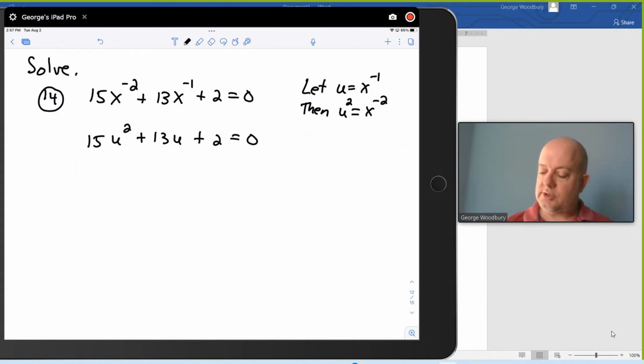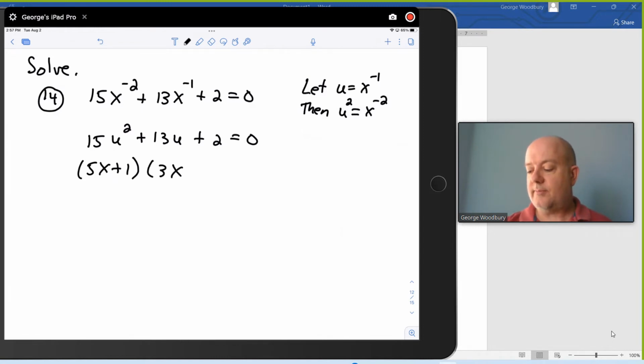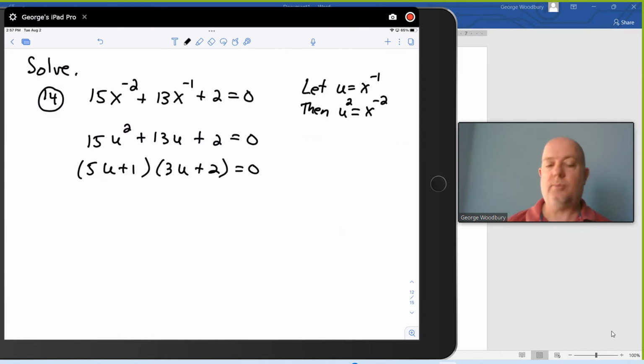This one factors to be 5u plus 1 times 3u plus 2. 5u times 3u is the 15u squared, the 1 times the 2 is the 2.